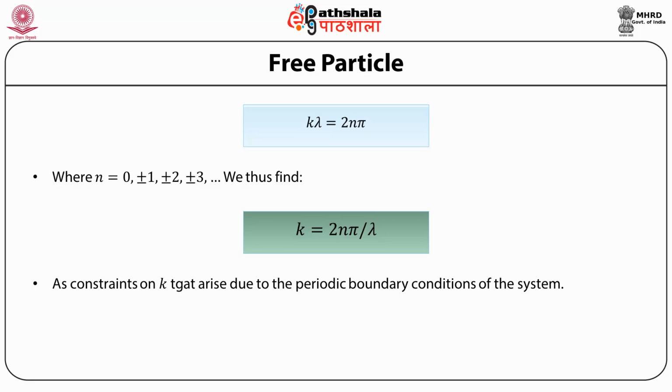We thus find k equals 2n pi by lambda as constraints on k that arise due to the periodic boundary conditions of the system.